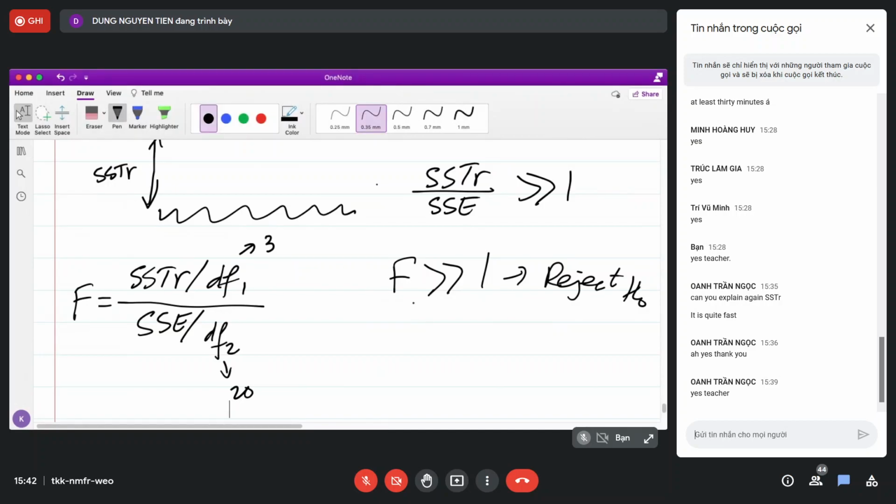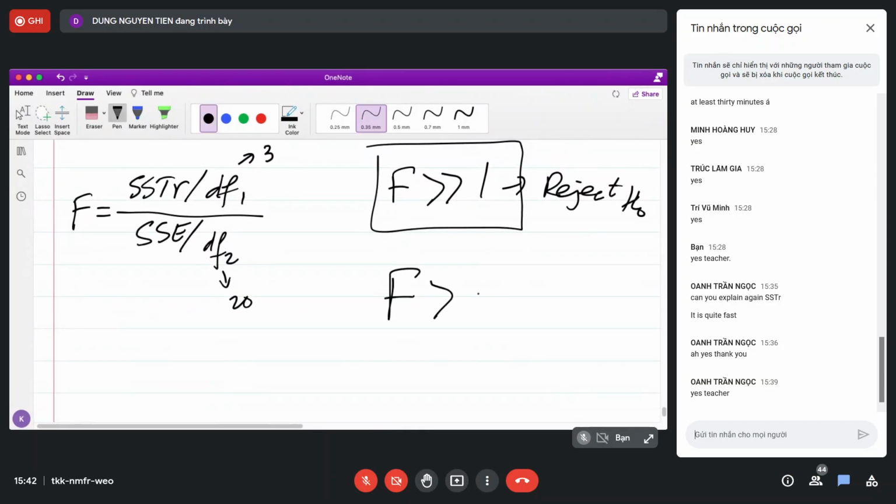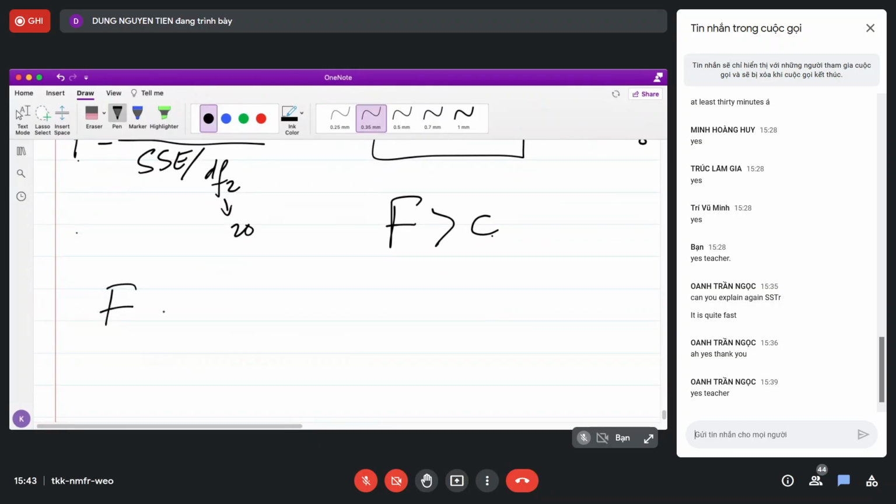Okay. All right. How do you know if that is big enough? We say that it is big enough if F is greater than some value C. And in order to get that C, you need to know the distribution of F. The distribution of F is a Fisher distribution with 2 parameters.